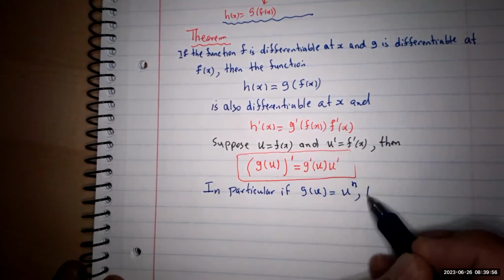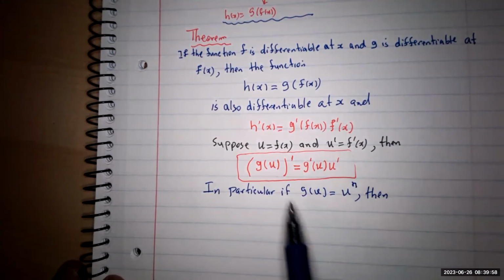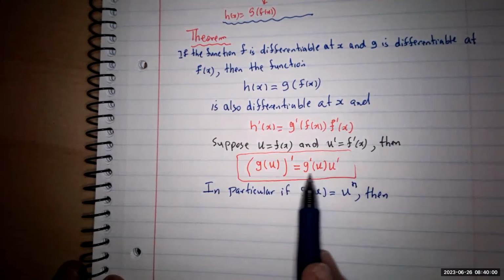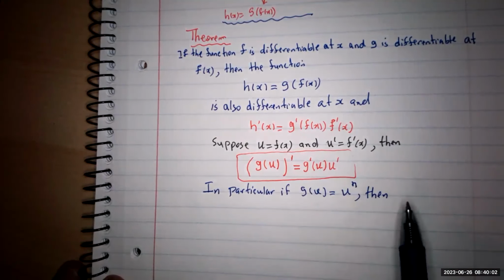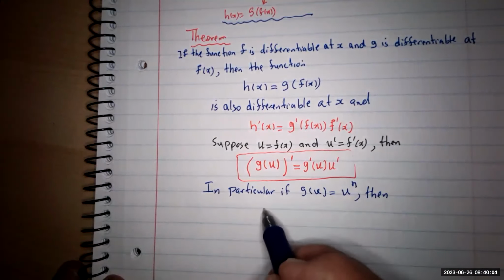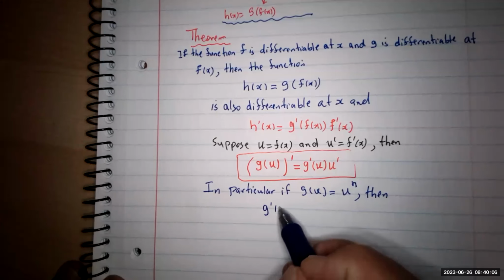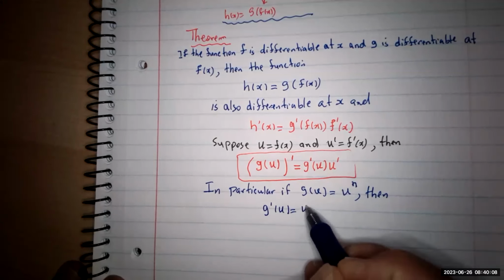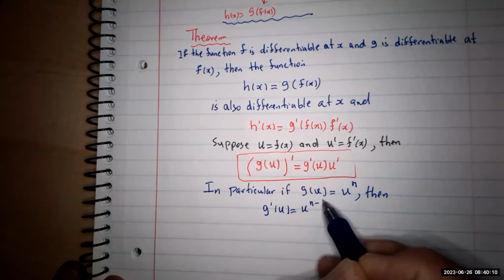Then this outside function, the derivative of u to the n, just using the power rule, g prime of u is going to be simply n u to the n minus 1.